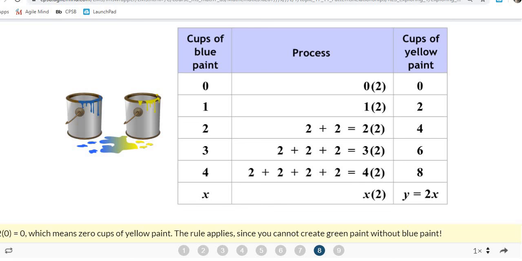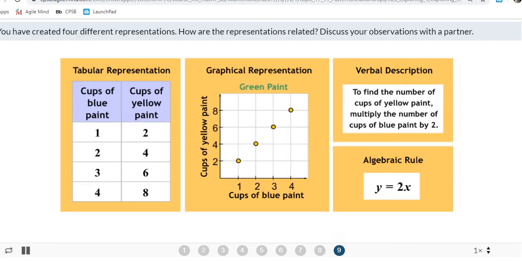So now that we've written an algebraic expression, or a rule, or an equation, we have talked about 4 different representations. What are the 4 ones you see on the board? They've been in a table. What else? A graph. We've seen it in words. In an algebraic rule.